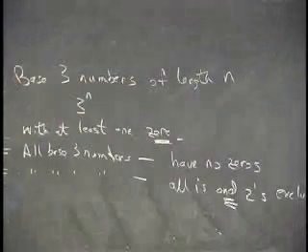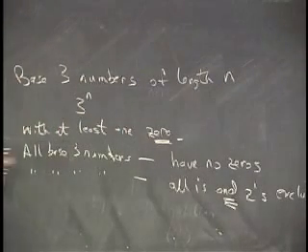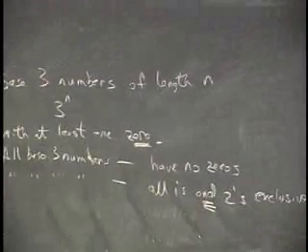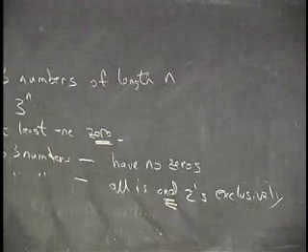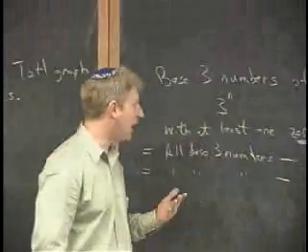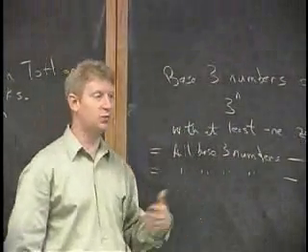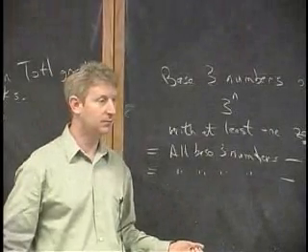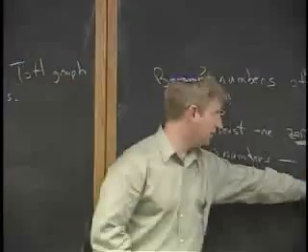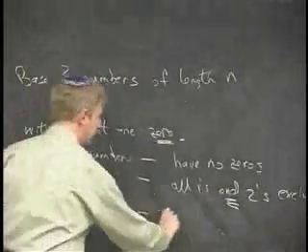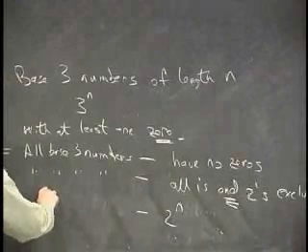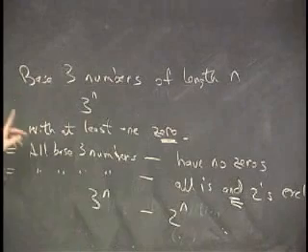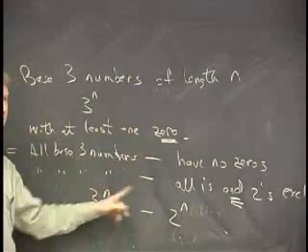So we've converted our way of looking into a problem using complement that turns our ORs into ANDs. If you only use 1s and 2s, that means we want to know how many numbers are there of length n that have just 1s and 2s in them. That's the same as how many numbers of length n that have just 0s and 1s in them. So what's this number? This is 2 to the n, and this number is 3 to the n. And that's the answer. Base 3 numbers of length n with at least 1 0 is 3 to the n minus 2 to the n.